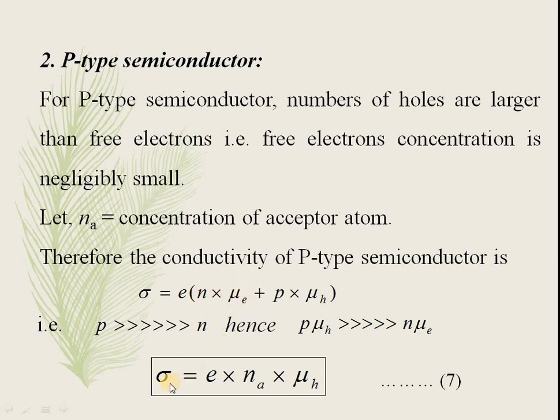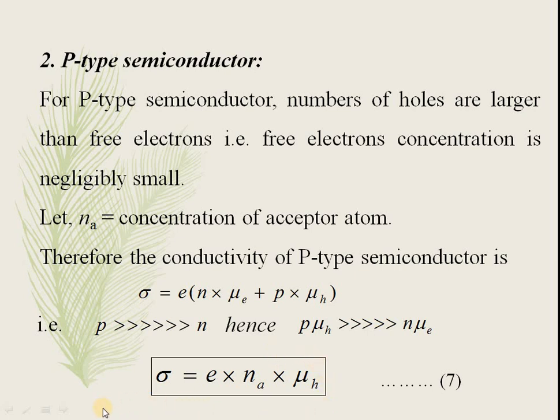We finally get sigma is equal to e into Na into mu h, where e is the charge, Na is the concentration of acceptor atoms, and mu h is the mobility of the holes. We call this equation number 7. Equation 7 gives the electrical conductivity of a P-type semiconductor.